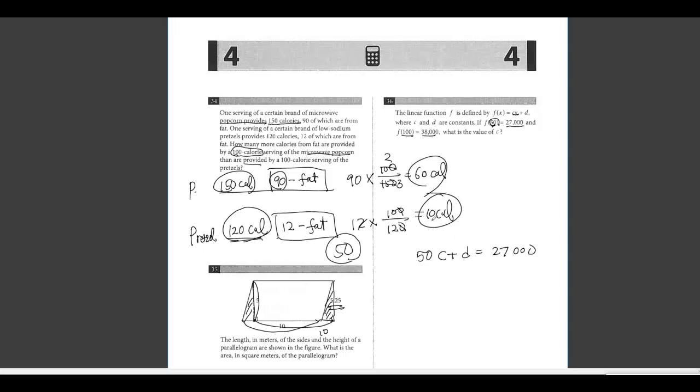Okay, so when 100 times C is what? 100 times C plus D, that provides us what? 38,000. Okay, we're going to find the value of C. You just eliminate D, isn't it? Subtract. Okay, 100 minus 50 is what? 50C equals how much? 11,000. When you divide it by 50, let me see, 220, right? That's the answer.